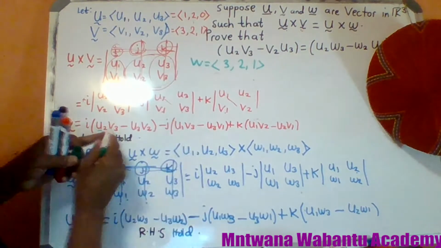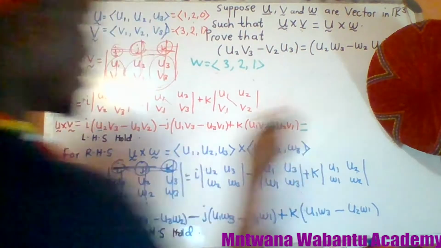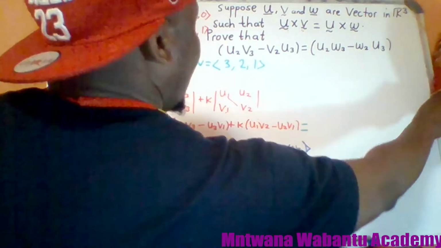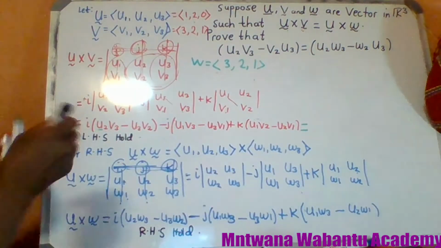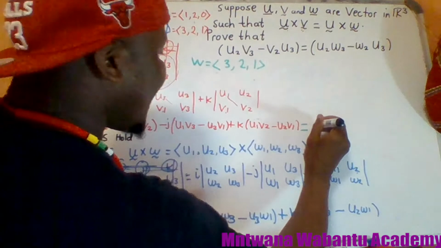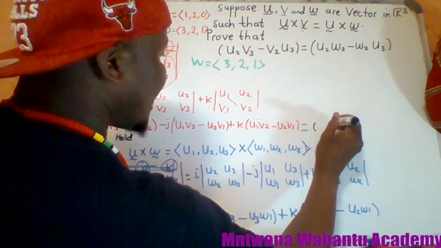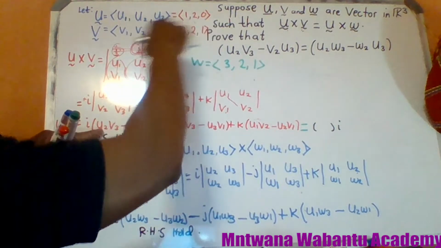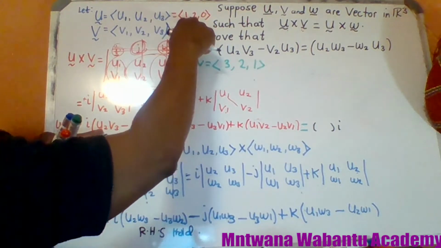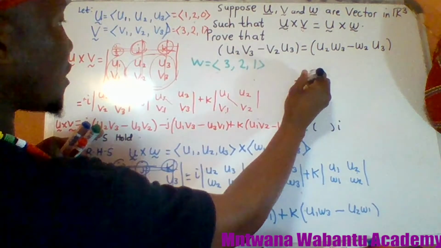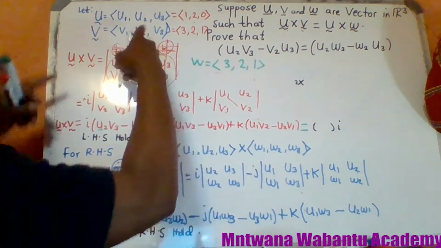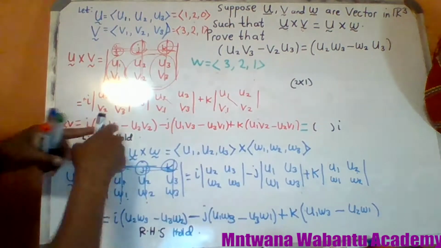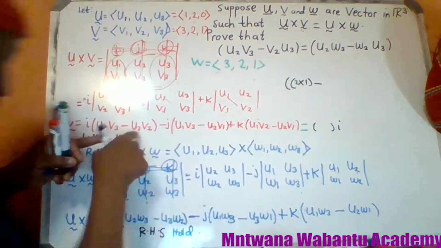For the left hand side, I'm going to substitute all the values. What is U2? U2 equals 2, so 2 times V3.